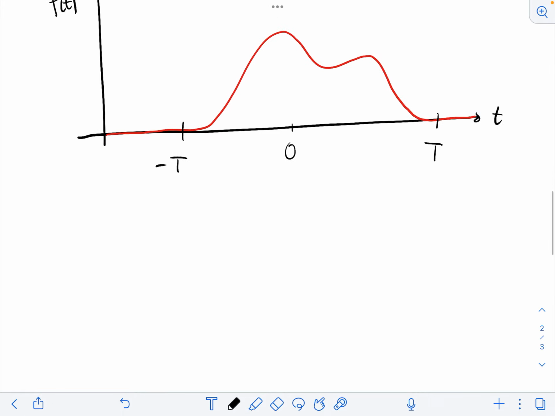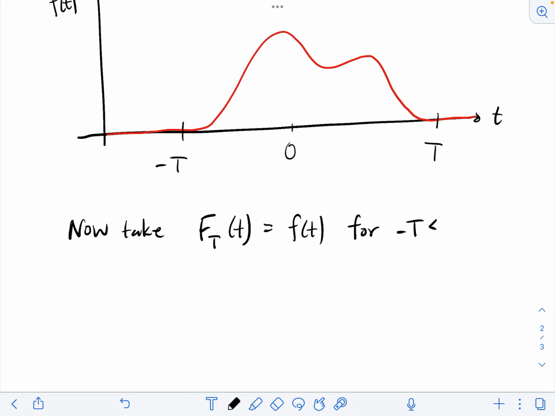So we're now going to take some capital F subscript t of t, and we're going to say that's equal to our pulsed function, little f of t, on the interval minus capital T to T. And we're going to make f of t periodic on 2t. Okay, so like we've always been doing, we're going to use 2t as the period.